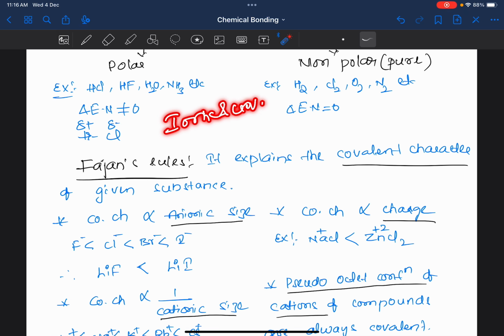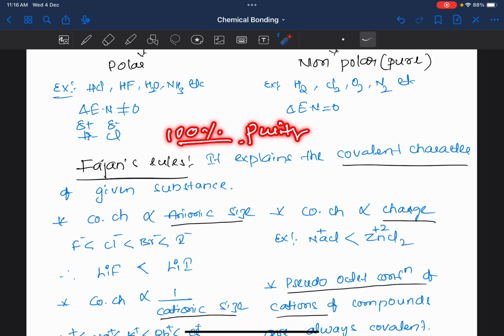Just now we studied these ionic and covalent compounds, no? So 100% purity is not there. It means for all compounds, either covalent or ionic nature is there, but that nature is not 100%. So that was explained through Fajan's rules.